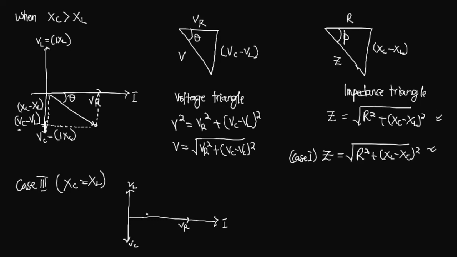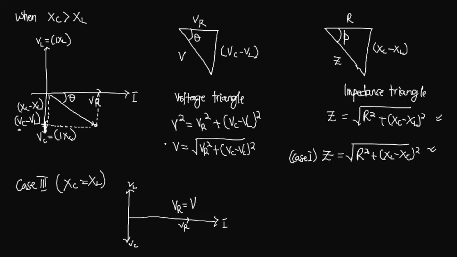Now because VL is equal to VC, the resultant, which is V, will also lie in this direction. So our applied voltage will lie in the direction of VR. So our VR, or the resistive voltage, will be equal to the voltage of the entire circuit.